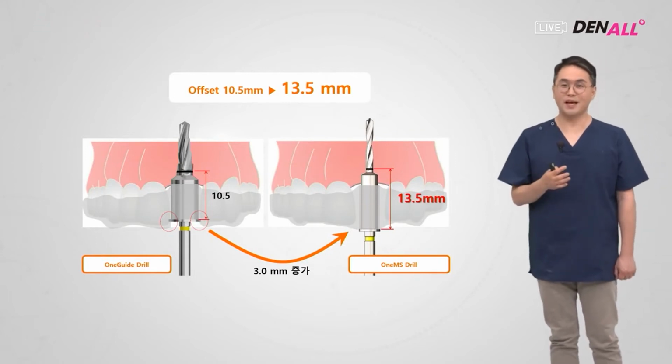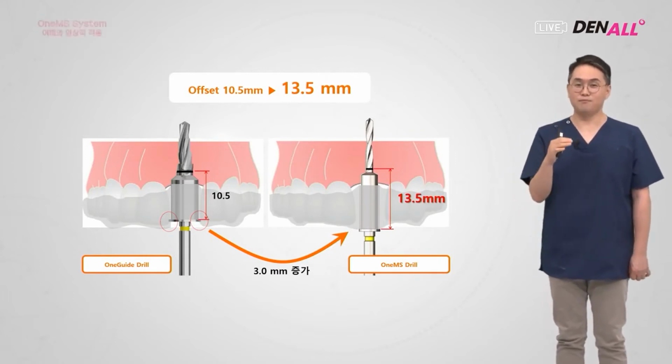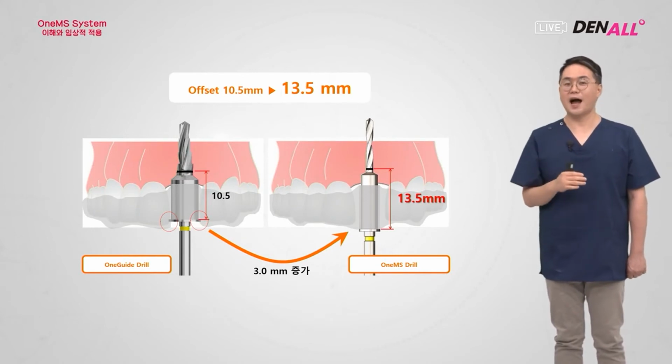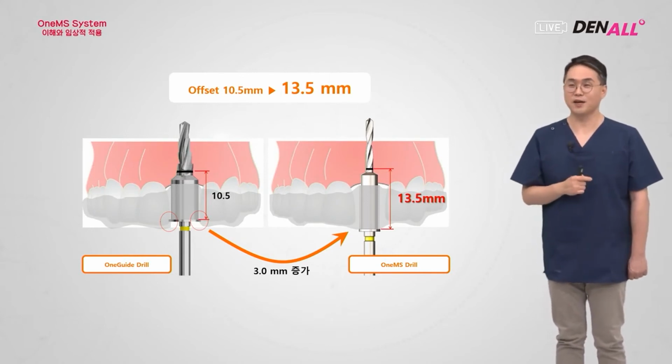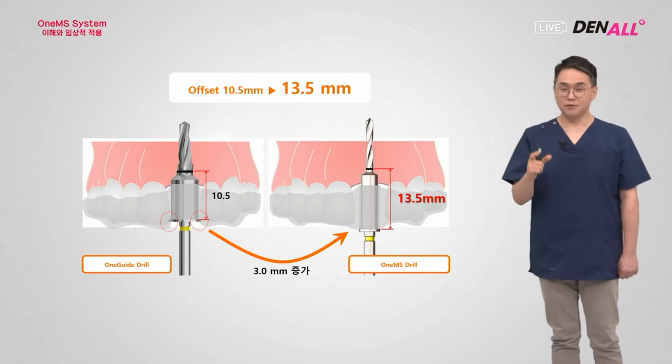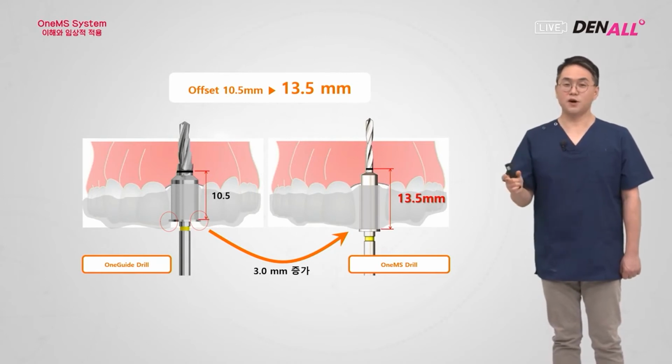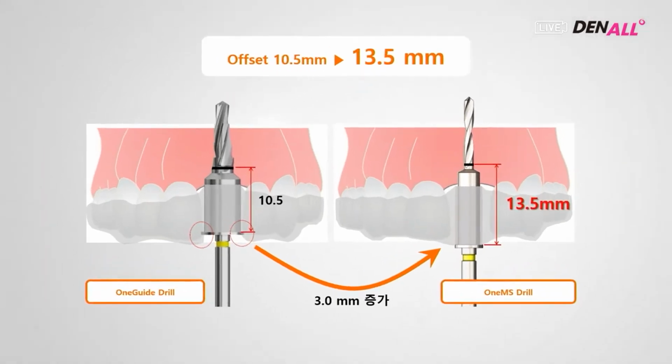Offset is the distance from the top of the implant to the top of the guided hole. So for the TS implant, if you place it with the OneGuide system, the distance is 10.5. But with this OneMS system, it's extended to 13.5, and the guide barrel length has also been extended.